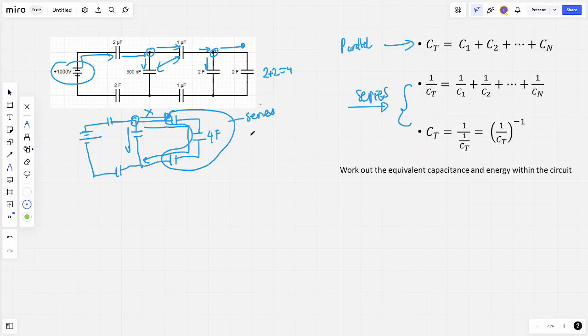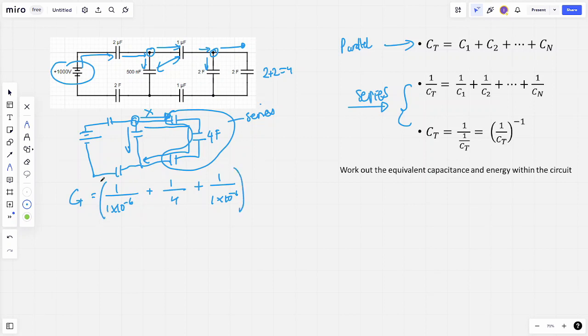So what do we do? We take the reciprocal, and here we've got 1 microfarad, the equivalent 4 microfarad and 1 microfarad. So the equivalent capacitance CT is equal to 1 over 1 times 10 to the power of minus 6 plus 1 over 4 plus 1 over 1 times 10 to the power of minus 6. And what we do is we take the reciprocal of all of that.